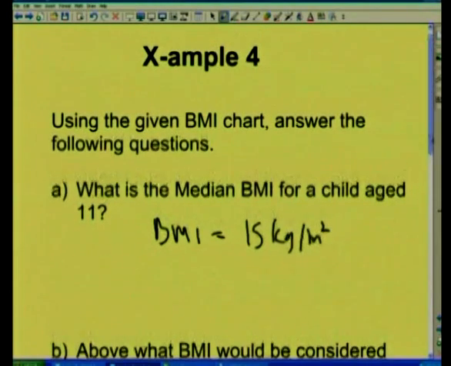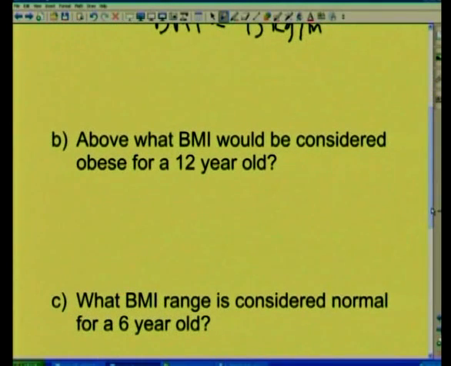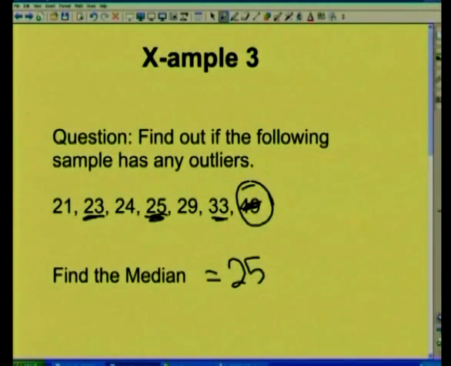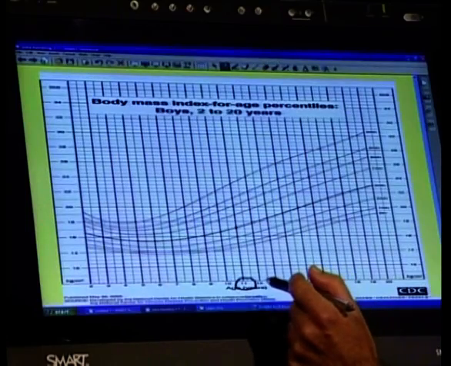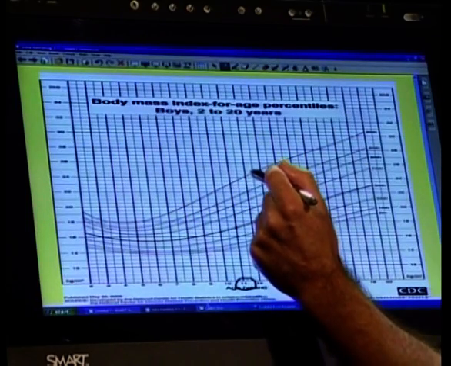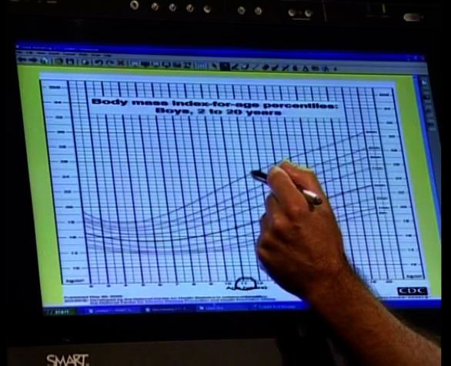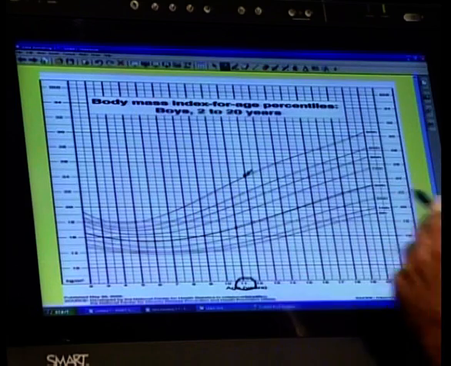Question number 2 says, or B, above what BMI would be considered obese for a 12-year-old child? Again, going back to our chart, a 12-year-old child would be obese when they are above the 95th percentile. So any value above that for BMI.